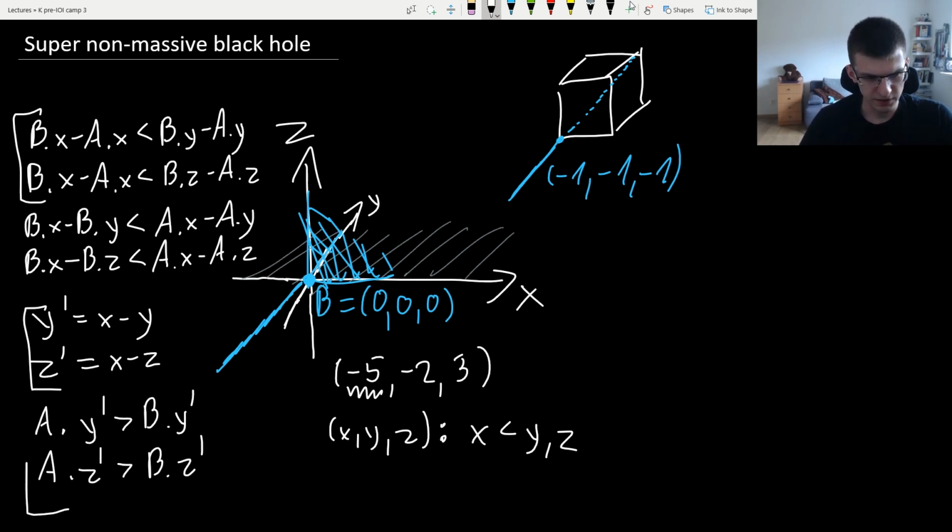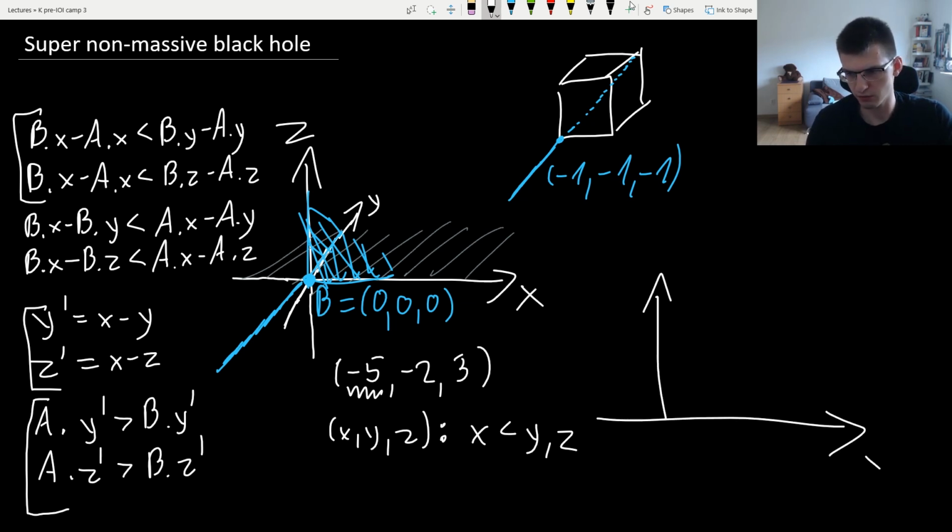And this is something that is much easier because this is just like a two-dimensional thing. For every point, we have its y prime and z prime coordinate, and we are interested in points A such that both coordinates are bigger than those in B. So when we draw a new drawing, y prime and z prime of these new coordinates, I have some points A, and so on.